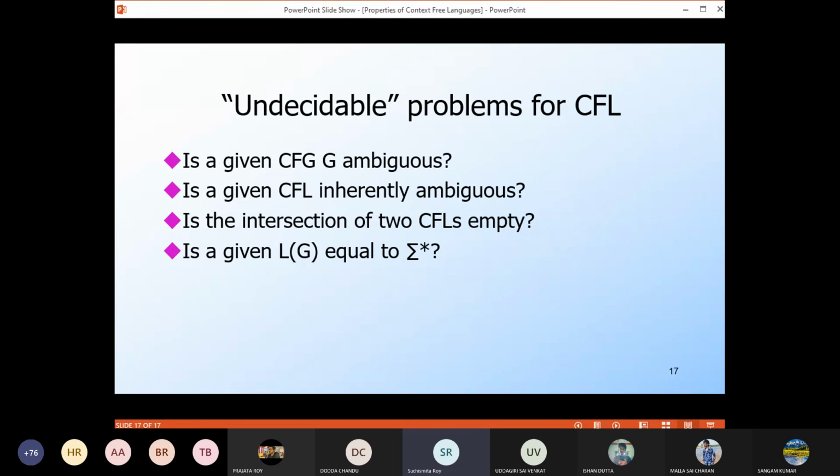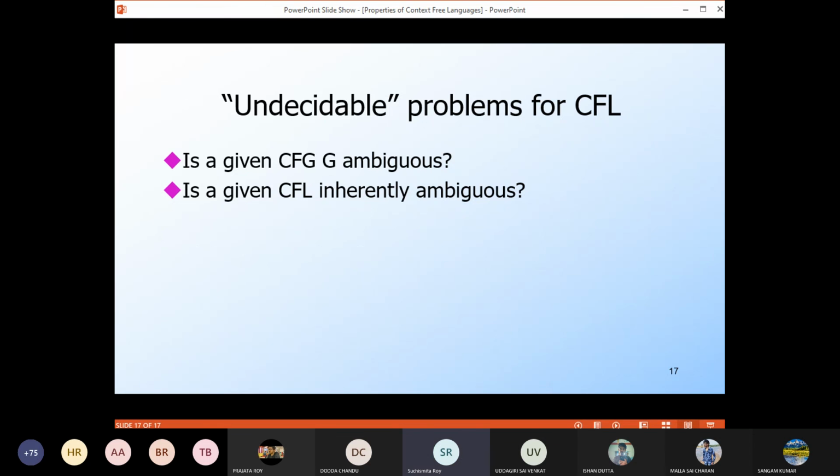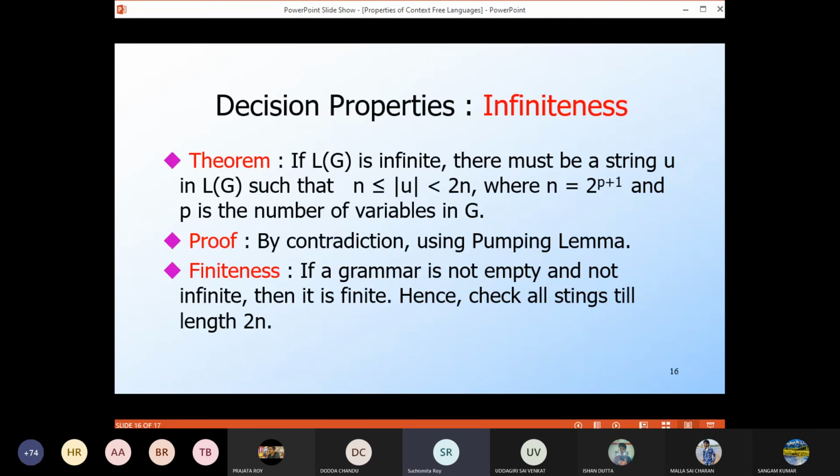Ma'am, I have a question. Yes, please. What is n in the statement, a grammar of length n? Usually a statement like that will not be given because grammar does not have a length.